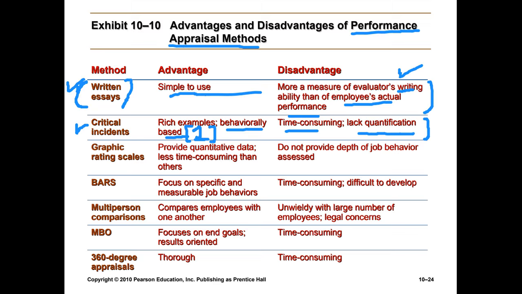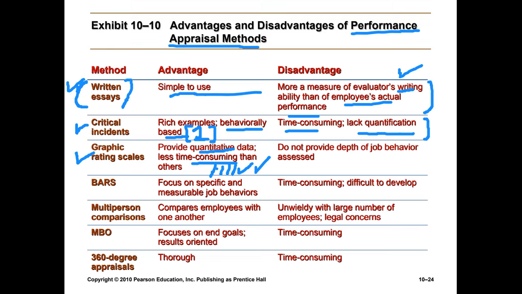The third one is graphic rating scales, in which we provide quantitative data, which is less time consuming than the others. There are certain scales for measurement, and if the employee is performing according to those scales, it is easy for us to see if they are performing the job or not.